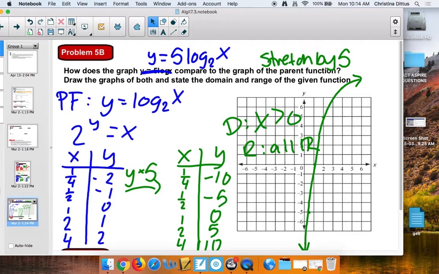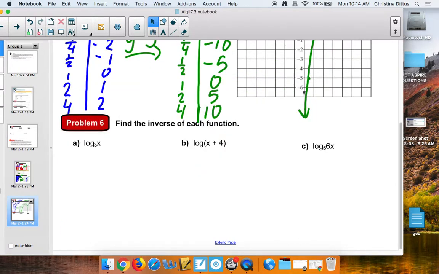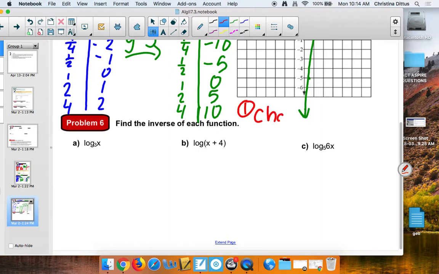Okay. Last thing we're going to talk about is our inverses. When we have log functions and we're trying to find inverses, the first thing we're going to do is change to exponent form.